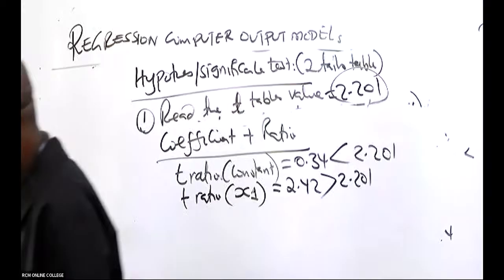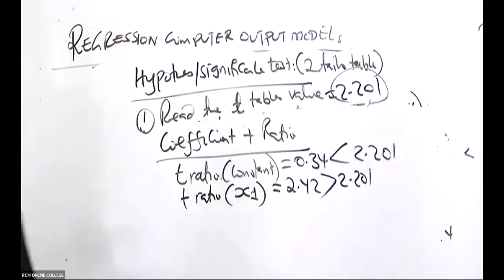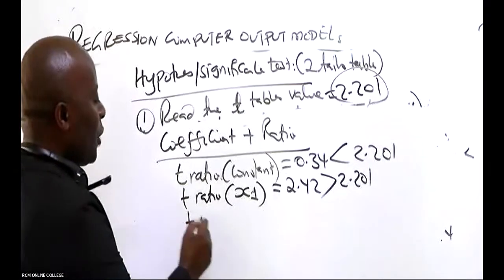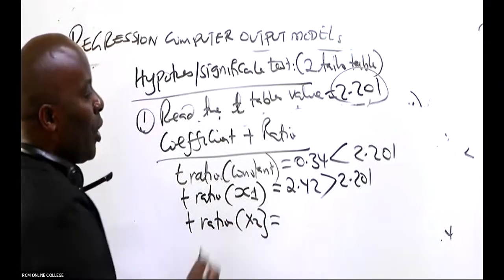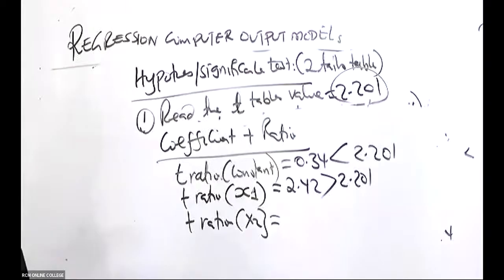Then we have the next t ratio, which is for X2. I would want you later on to do the April question. I hope you'll be able to get some time to do it. You will see how easy it was.